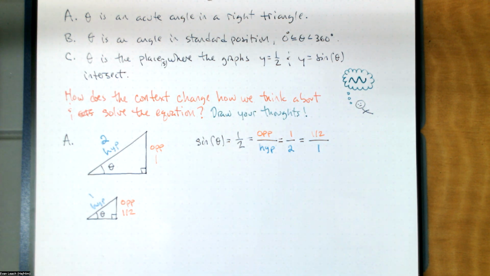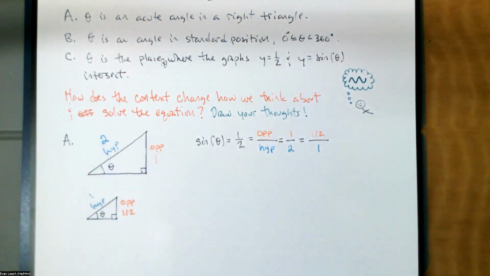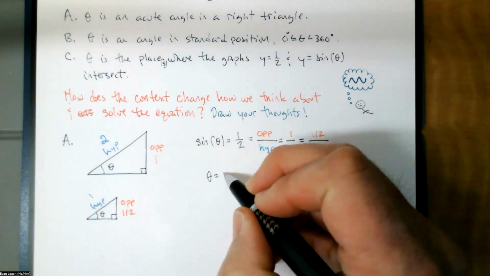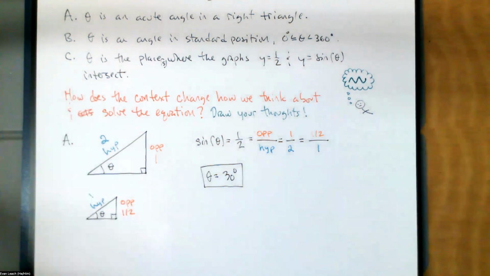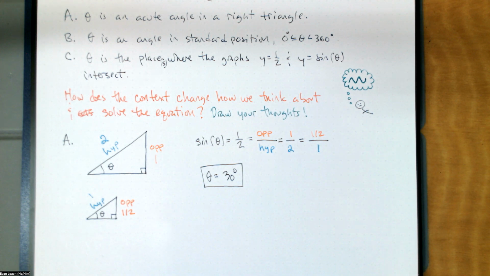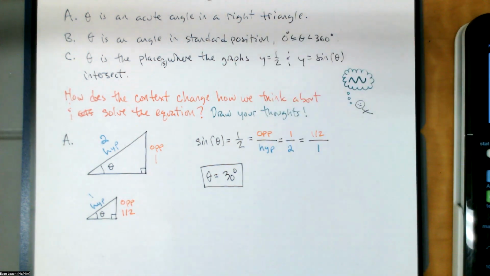In either case, we know that this angle corresponds to 30 degrees. Sine of 30 is equal to 1/2. We know that just because we know that. We also can find this out if we want to calculate it using an inverse trig function, so we can grab our calculating machines.